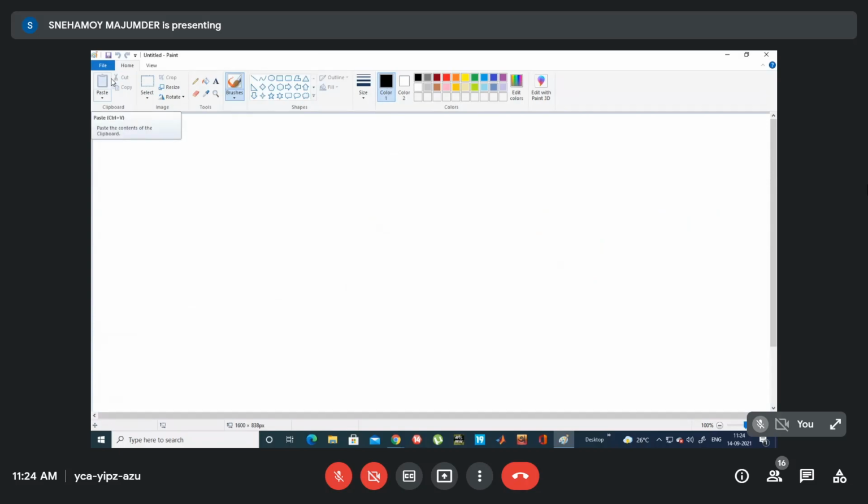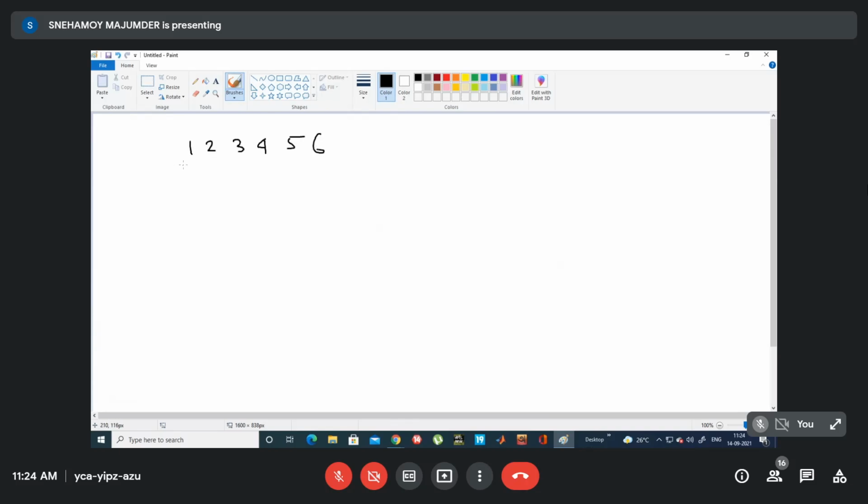Suppose we have a hypothetical computer, and there we can only store 6 digits, suppose 6 digits, say 1 2 3 4 5 6.